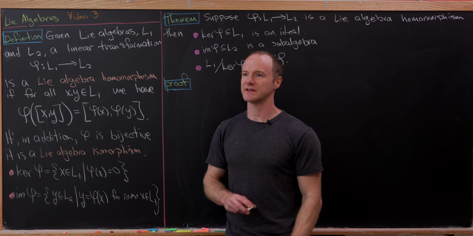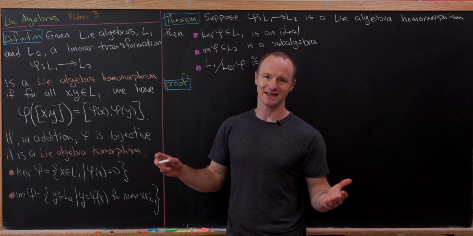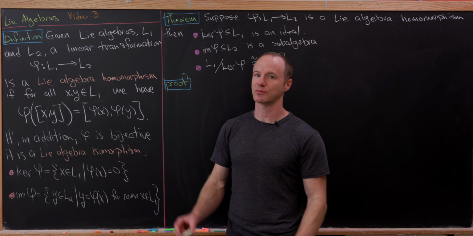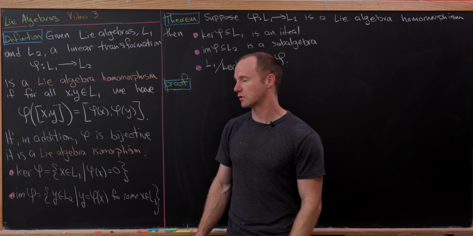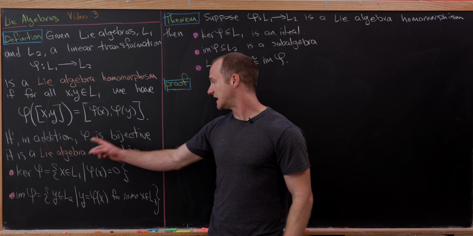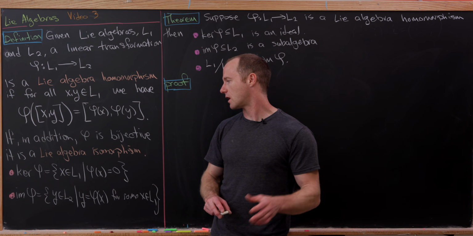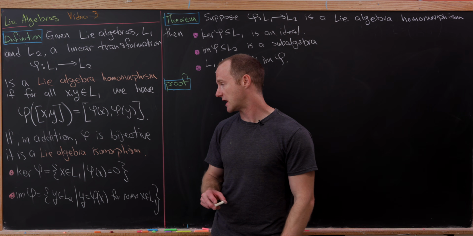Compare this to a group homomorphism or a ring homomorphism and notice it's exactly the same. It's just that the operation is this Lie bracket instead of multiplication or whatever the group operation is. If in addition phi is bijective, we call it a Lie algebra isomorphism. That should be a familiar name.